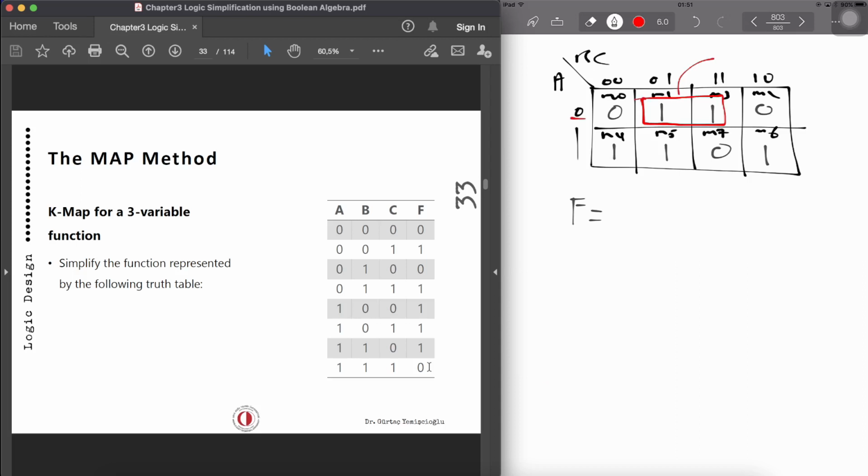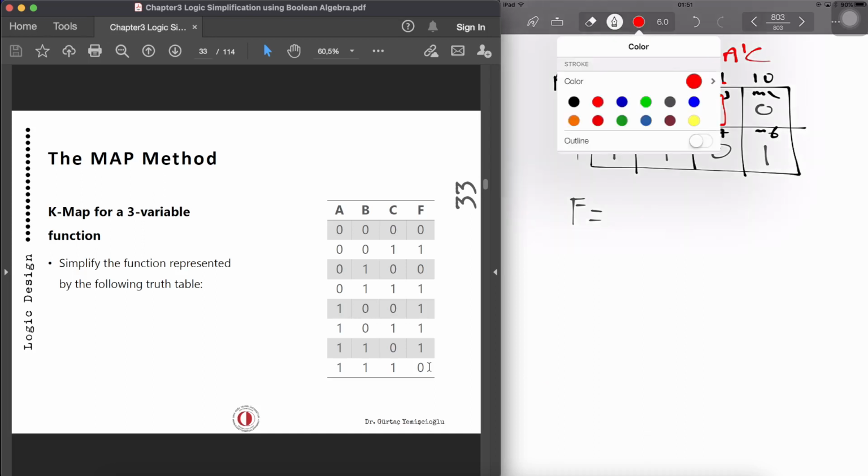A is not changing in both cases. B is 0, changes to 1. C is 1, stays 1. So that means I can just say it's A prime and C. Because C is 1, A is 0, which is stable. This is one of those.